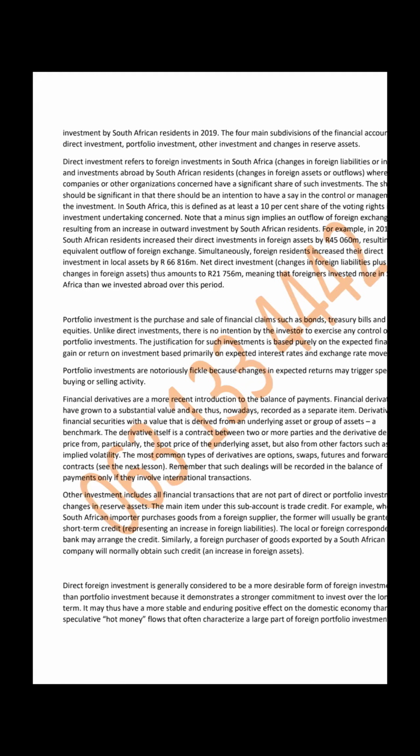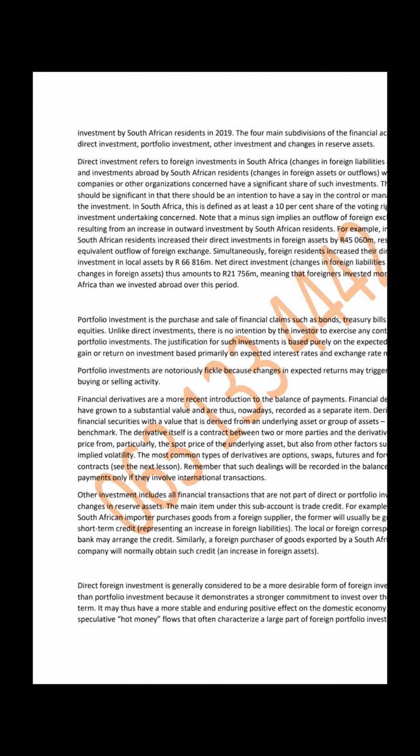I should have put these terms in bold, sorry. So we have direct investments, portfolio investments, other investments, and financial derivatives, the one that we added there. And then the reserves right there.